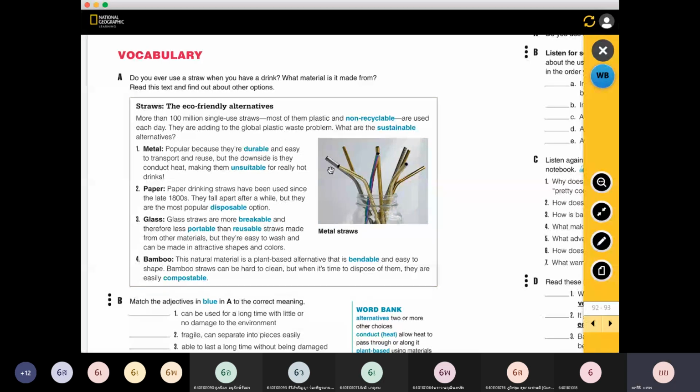And there are other alternatives that you can see from the reading here. We don't have to talk only about the straws already, just the things, okay?